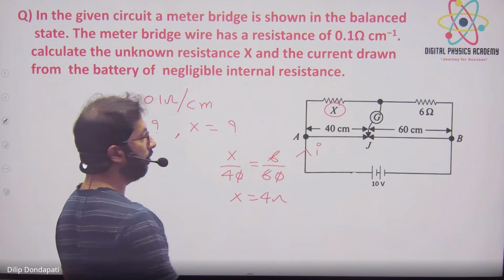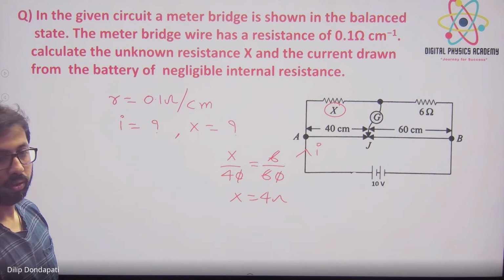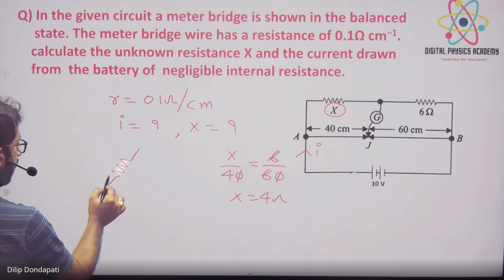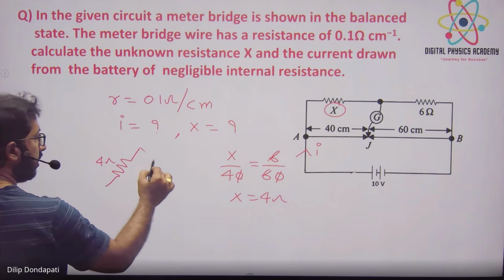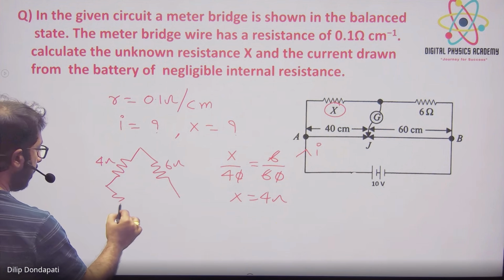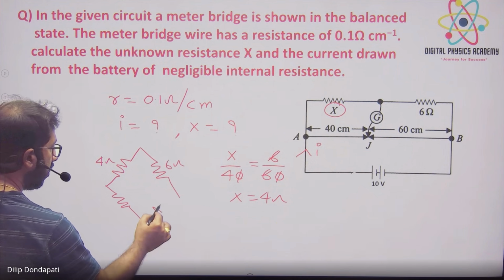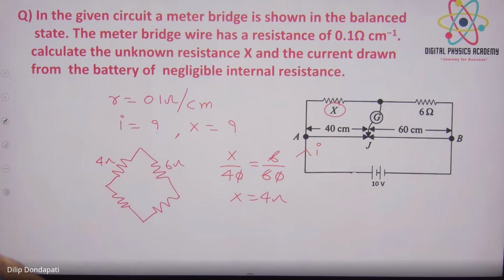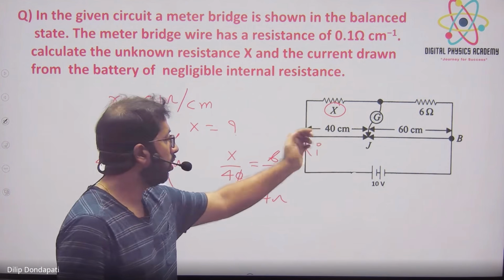Find I. For that, the resistance has come. So one side is 4 ohms, the other side how much was it, 6 ohms. Now try to convert this length into resistance. How will you convert 40? 40 centimeters is there. How to convert into resistance?